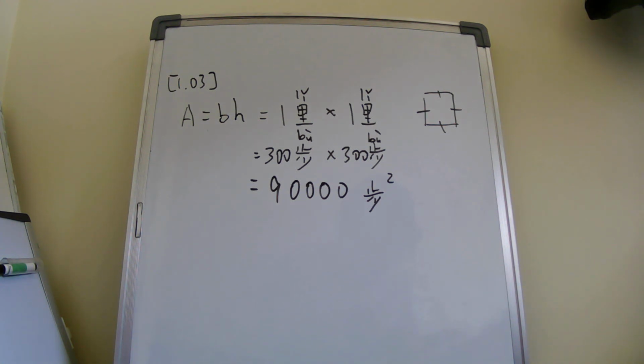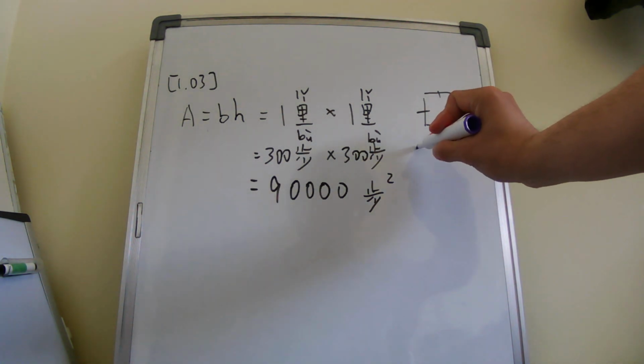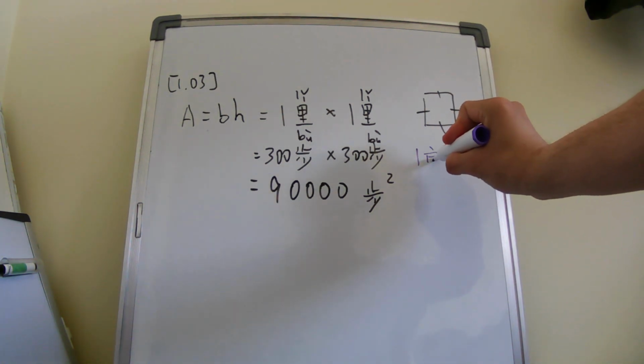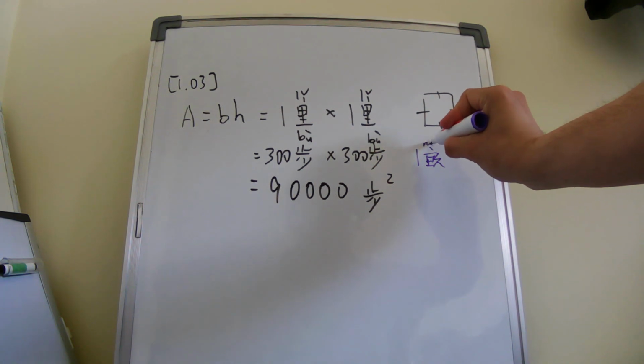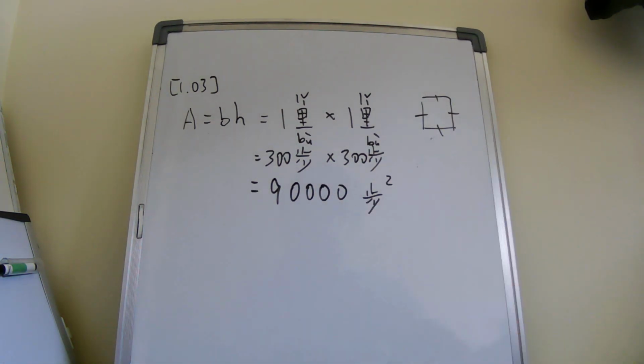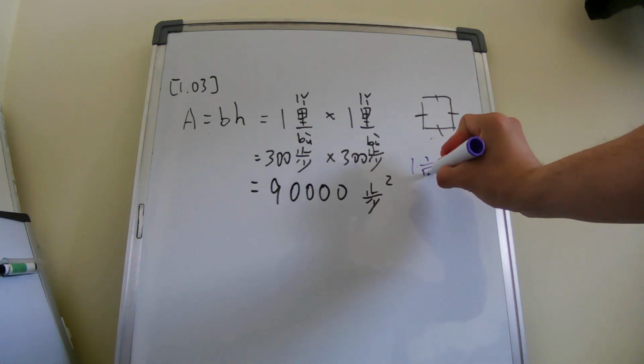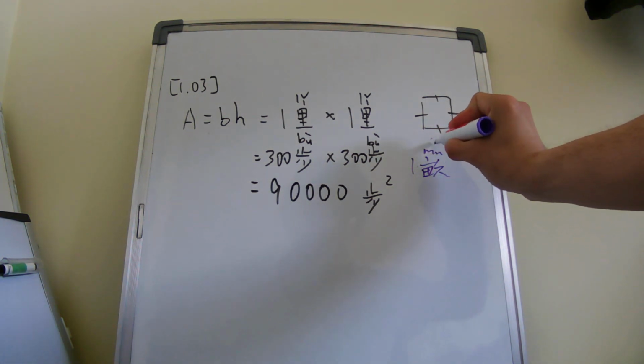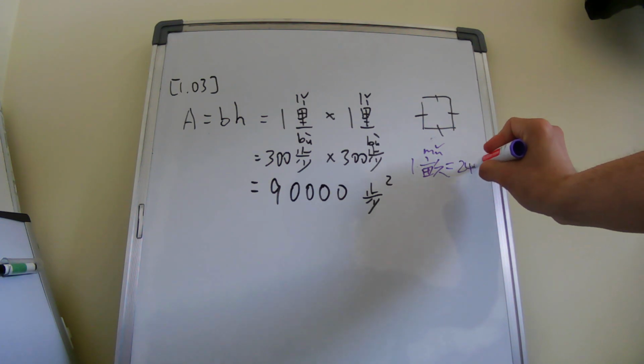But I'm just going to write it like that so it makes sense to the modern understanding of area. Okay, so this says 90,000, but we have to remember from the previous video that 1 mu equals 240 bu.